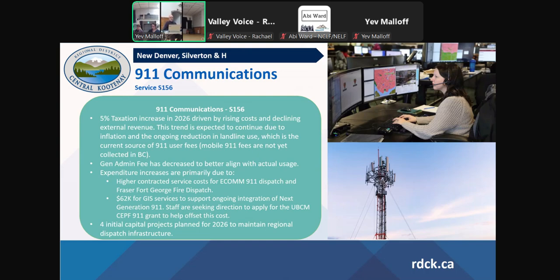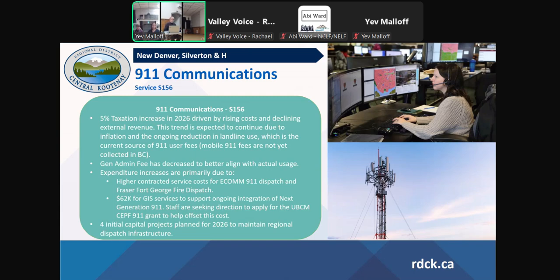There isn't federal or provincial legislation in place to collect it from smartphones, so we can't go collect it ourselves. Even though we use TELUS smartphones, there's no legislation in place that says TELUS needs to collect 911 fees on mobile phones.